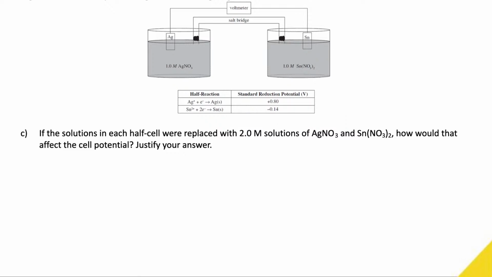The reaction is 2Ag+ aqueous plus Sn solid to give us Sn2+ aqueous plus 2Ag solid. Now, when I write Q, it is products over reactants.